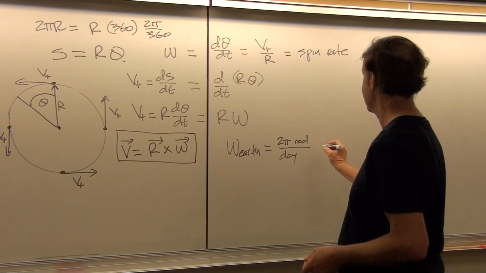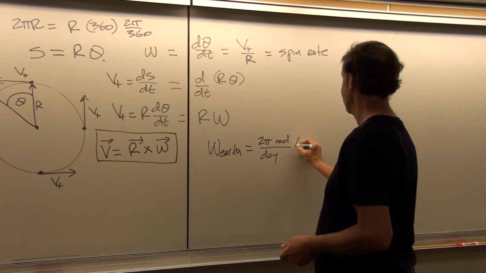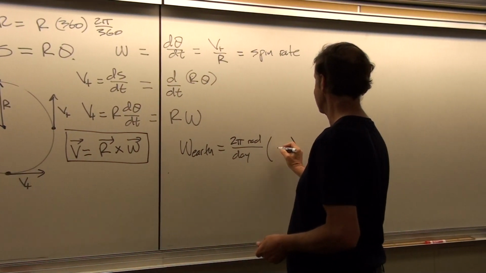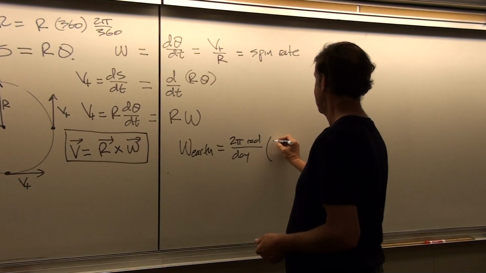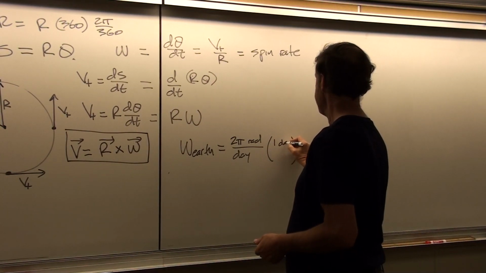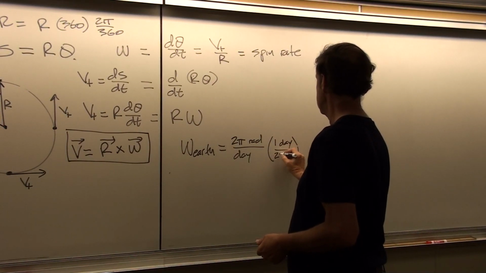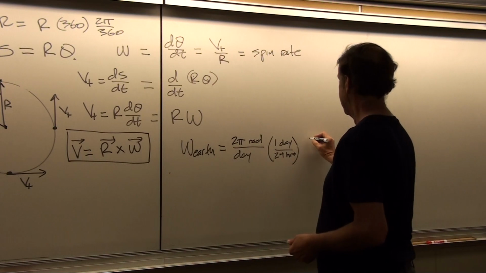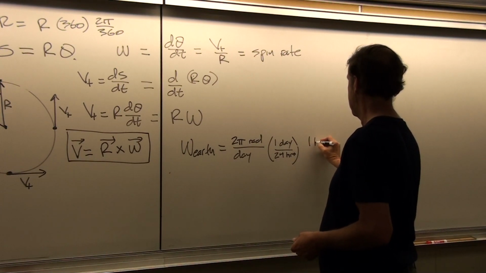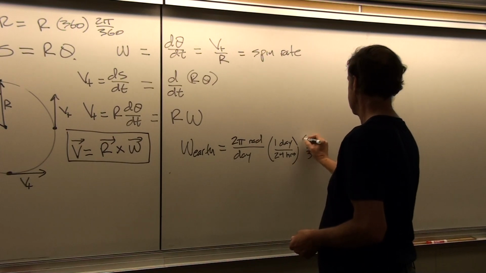So to get omega for the Earth, we would have to convert days into seconds. So we'd have here 1 day for every 24 hours. And then we would have 1 hour for every 3,600 seconds.